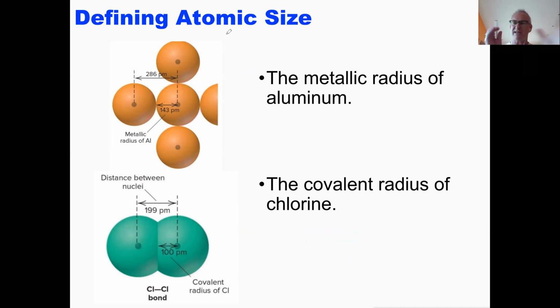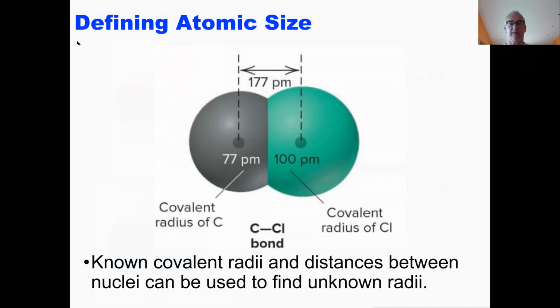Now, what's going on? What's the pattern that we see in the periodic table? I want to introduce this before we go today. We can use that to figure out the size of molecules. Carbon is around 77 picometers. It meets a chlorine that's around 100. When they bond together, you basically add those two together.